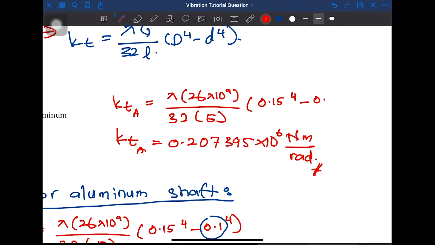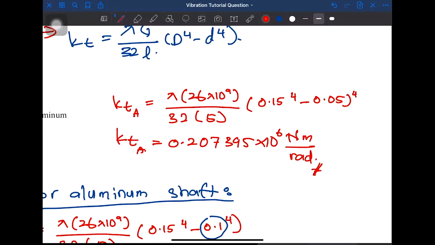Now that they've changed the inner diameter, the small diameter for the aluminium shaft, from 10 cm or 0.1 into 5 cm, which is 0.05, I just use the same formula again, just change the inner diameter from 0.1 meter to 0.05 meter. Everything stays the same.